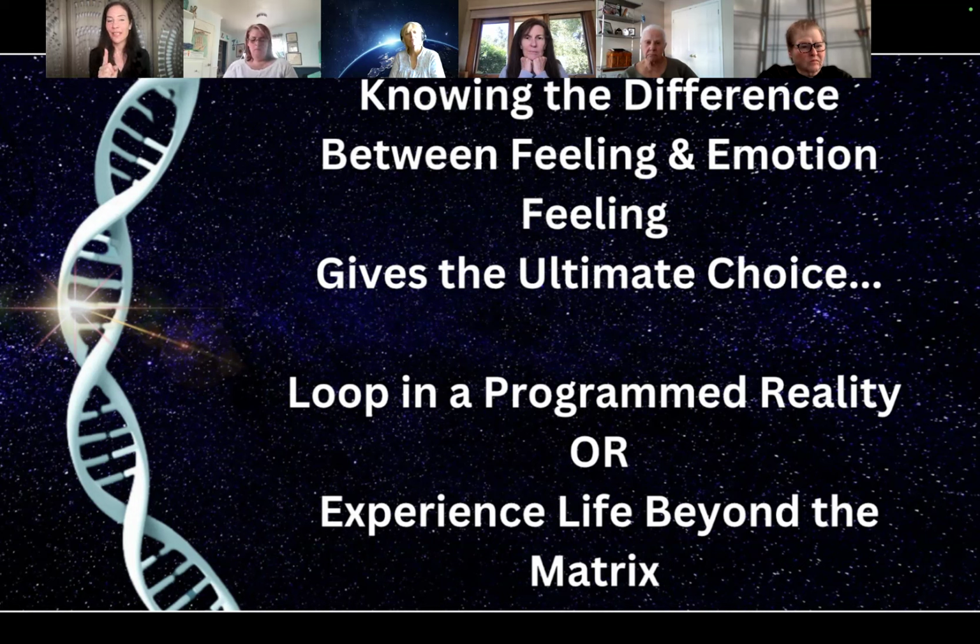A frequency is connected to a feeling, and that's what happens after an emotion. But we can also connect our consciousness to the frequency of a feeling. So let me give you, and we're going to do an exercise. When we start to see the emotion of joy, which I believe is measured at like 852, something like that.